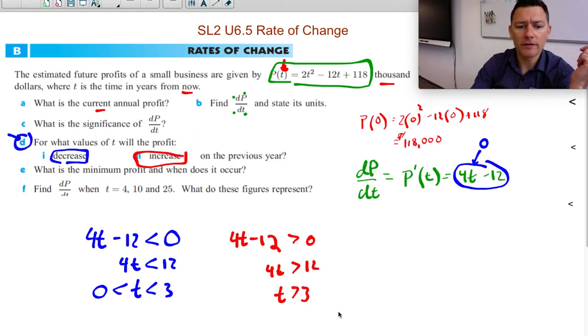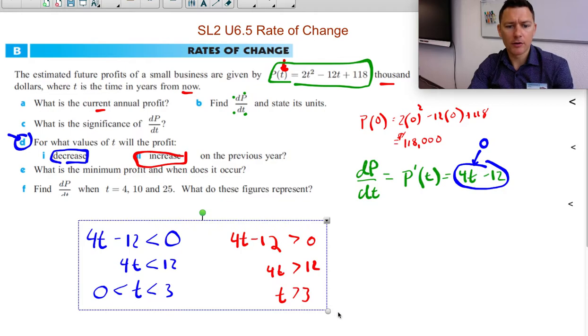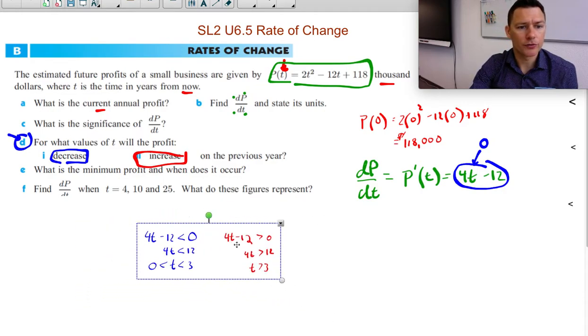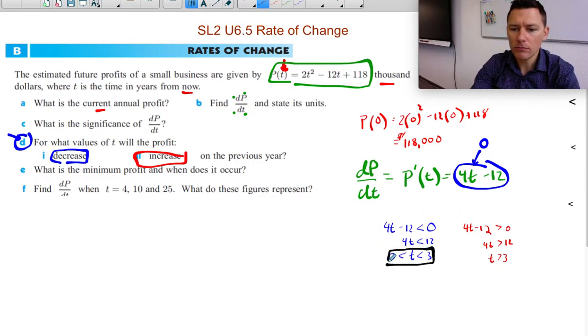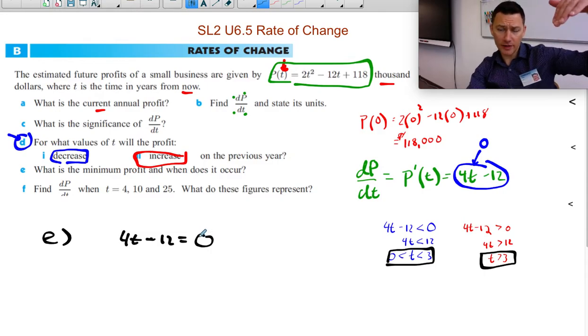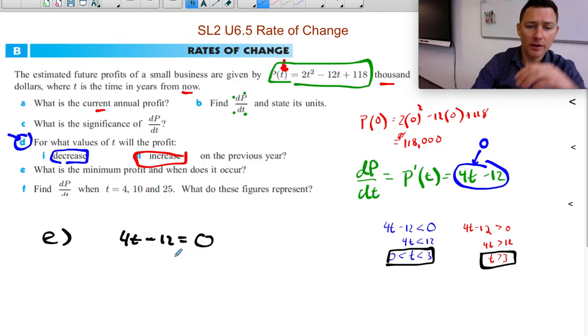And then when does the minimum profit occur? Well, the minimum profit occurs when your change stops going downhill and starts going uphill, right? So in E, this happens when 4t minus 12 equals 0. It stops going downhill, profits start coming uphill, you bottom out, and that's when you make the minimum profit.